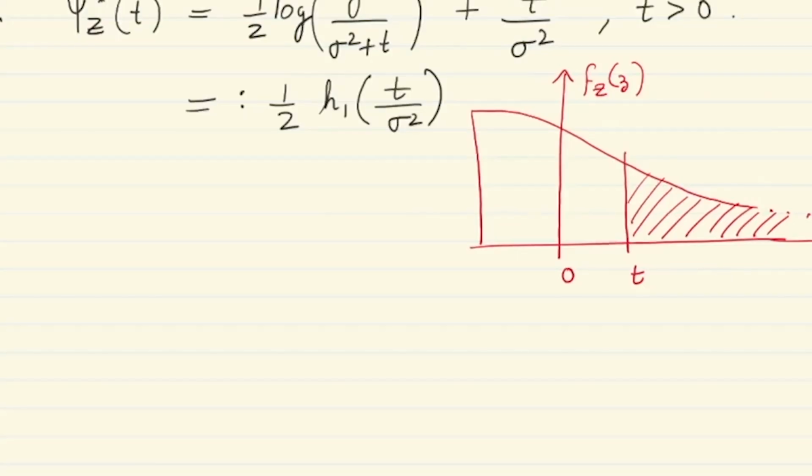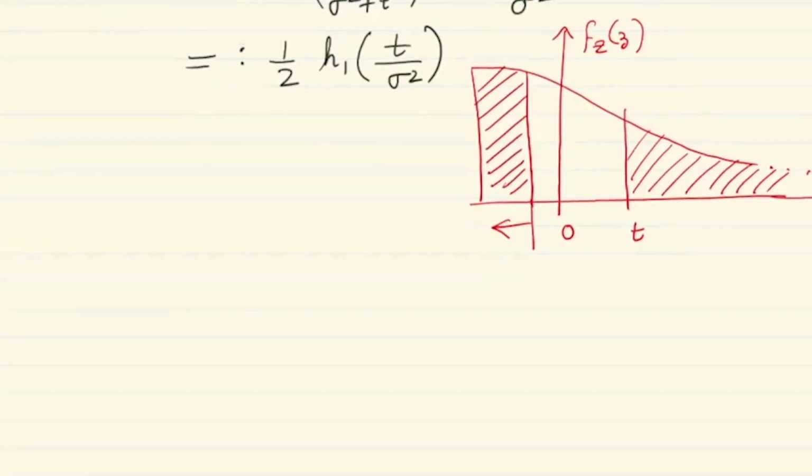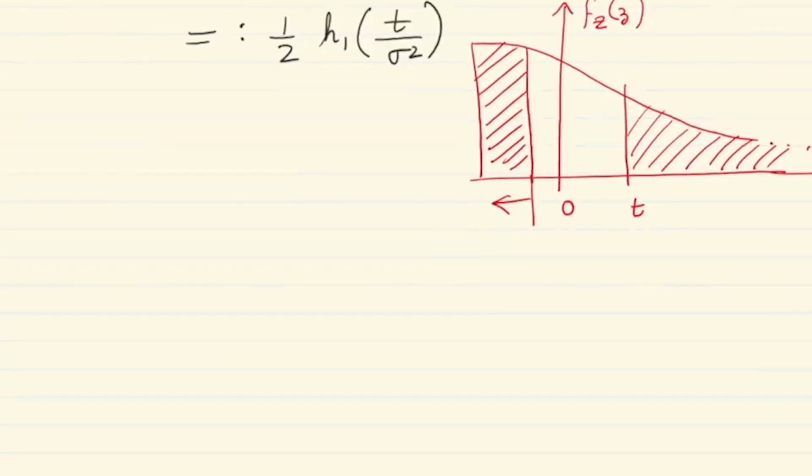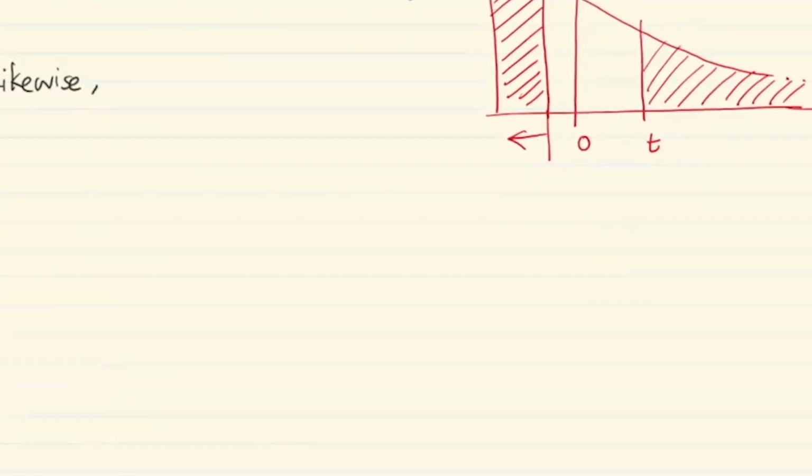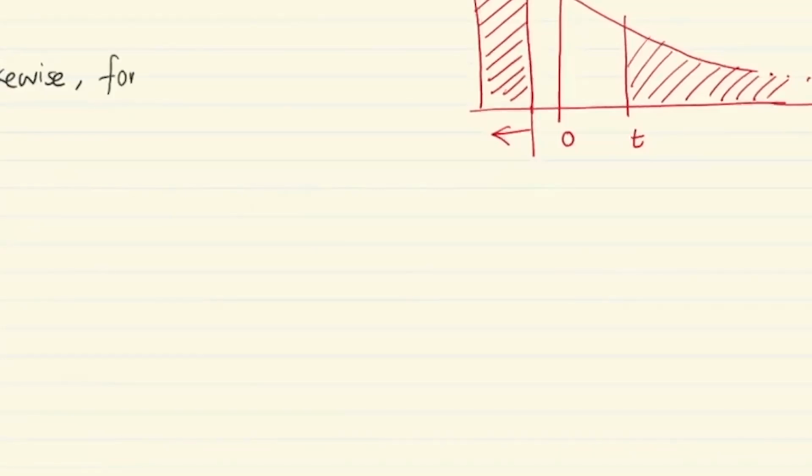What about if we wanted to investigate how this probability went? In order to do that, one way is to just negate Z. So consider minus Z. So let's consider C minus Z. Likewise we can do similar computations for lambda greater than 0.